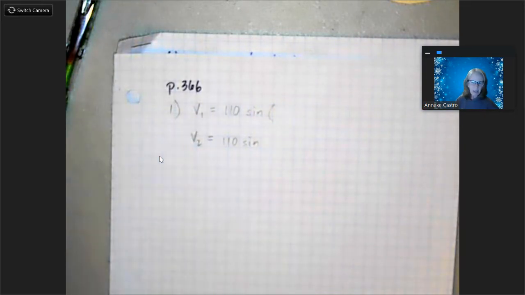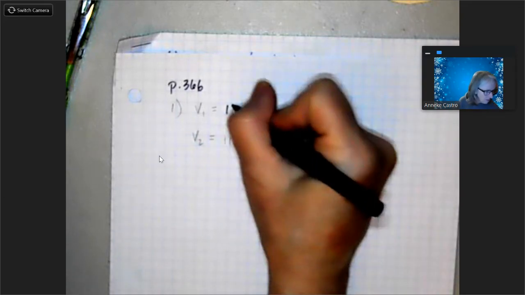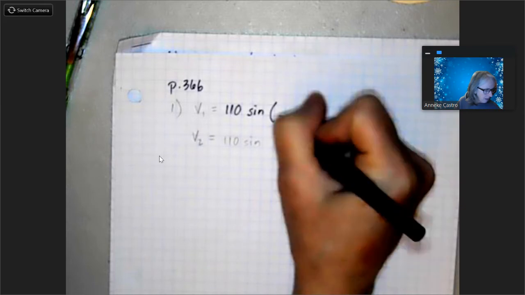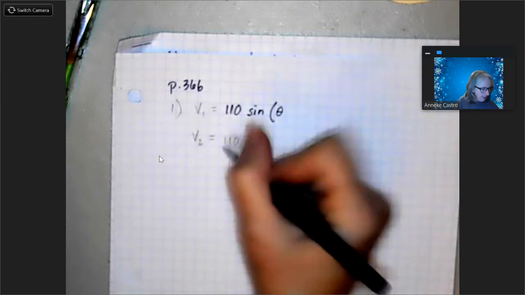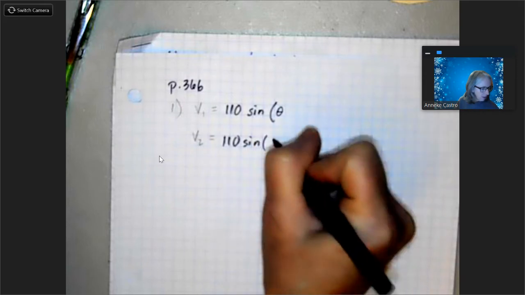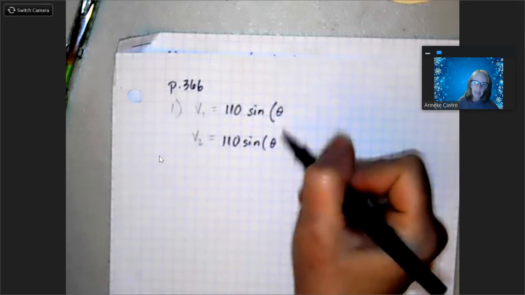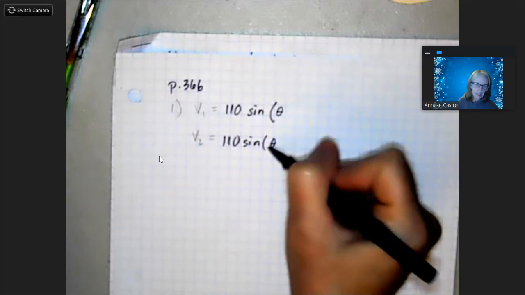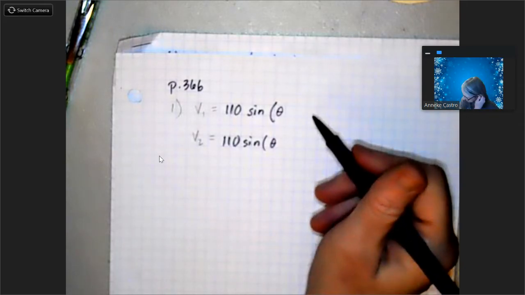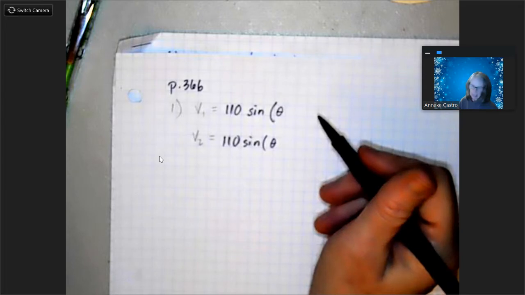And I notice my pencil is not showing up very good, so let me go over this in pen. 110 sine theta, and the other one, 110 sine theta. It could be some number times theta. It doesn't matter as long as they're multiplied by the same number, so we'll just ignore if there's something happening there. And it says that they have a phase difference of 60 degrees.